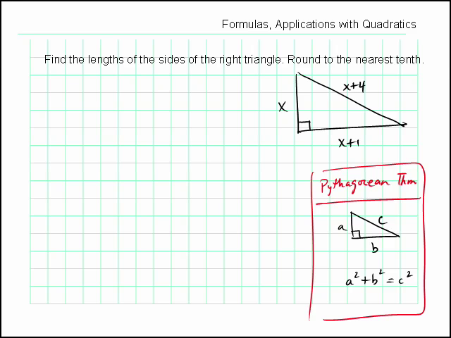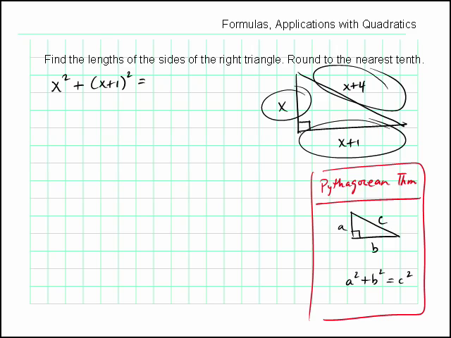So if I use the Pythagorean theorem on our right triangle up here, I will get x squared plus (x plus 1) squared should equal the hypotenuse, the longest side, squared: (x plus 4) squared. Okay, so I use the Pythagorean theorem to get that equation. I can now solve this for x.